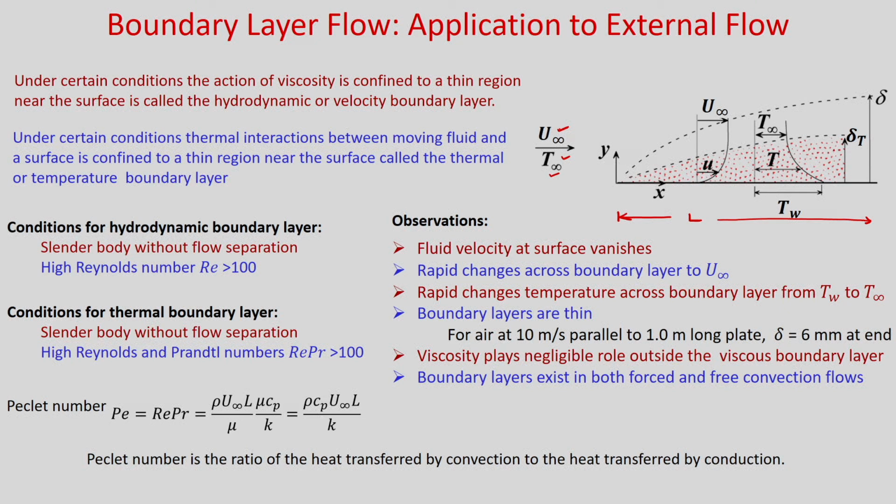Now, for the velocity boundary layer, there is some region where you have the effect of viscosity, and this is known as the viscous region, and some region away from the surface where there is no effect of viscosity, and that is known as the inviscid region.